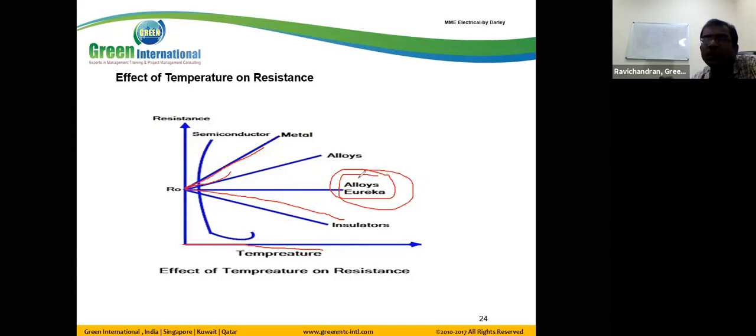In the meters, they are using some shunt resistance. Especially in thermistors, they are using this metal because for that we need these metals.